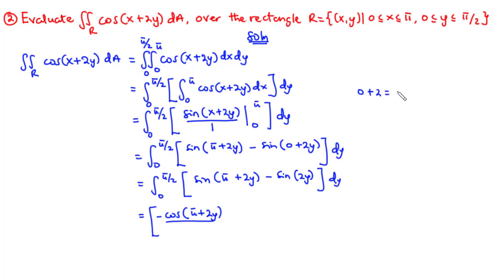Therefore we have 0 plus 2, which is equal to 2. So 2 appears at the denominator. So all divided by 2 minus, when you integrate sine, you have negative cosine. So negative becomes plus. So plus cosine of the inside function 2y. Now we differentiate 2y with respect to y, and it appears at the denominator, that is equal to 2. And then we have the lower limit 0, upper limit pi on 2.